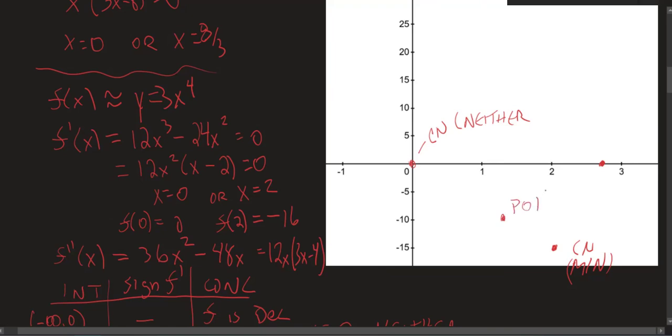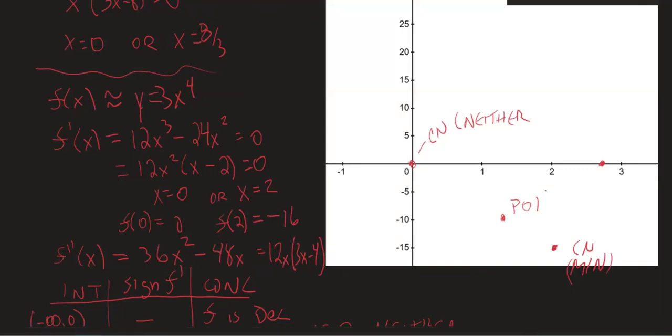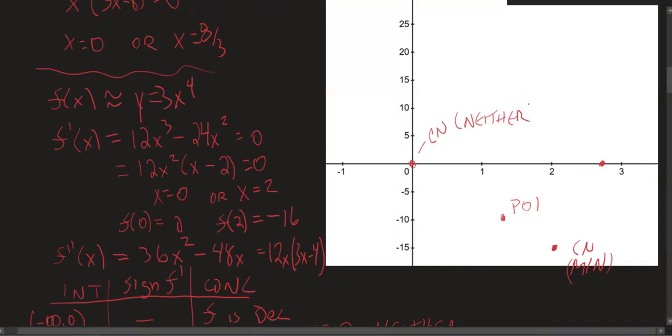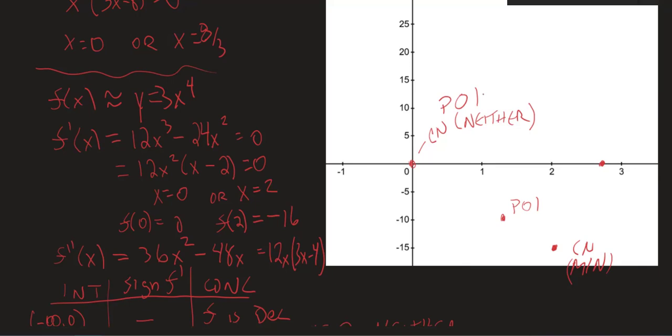And then x equals 0 was a critical number, but it's not a relative max or relative min, but we know it's a point of inflection. Okay, so then we're going to graph the function using the information from the table. And it might be helpful to find the slope at a couple points or graph a couple additional points as well.